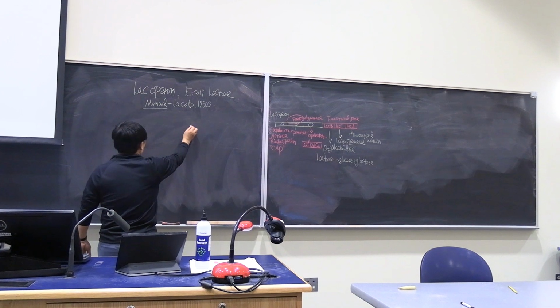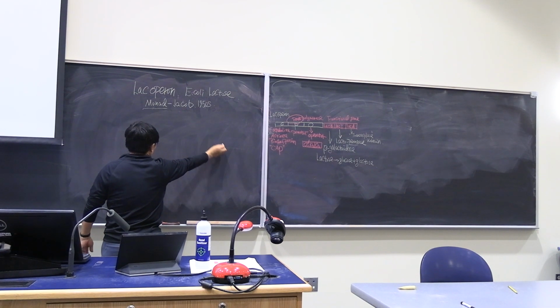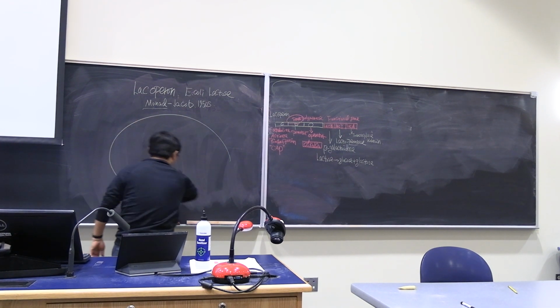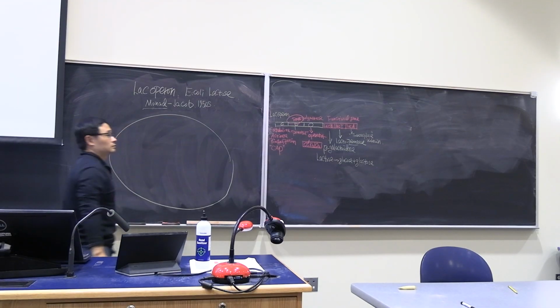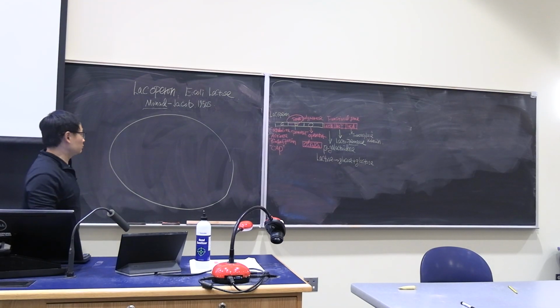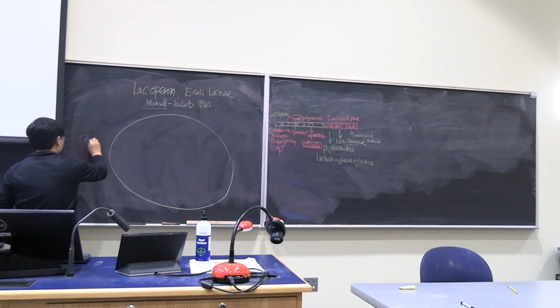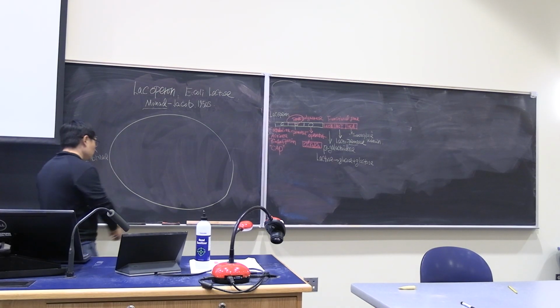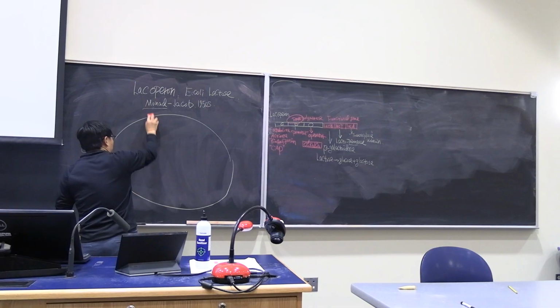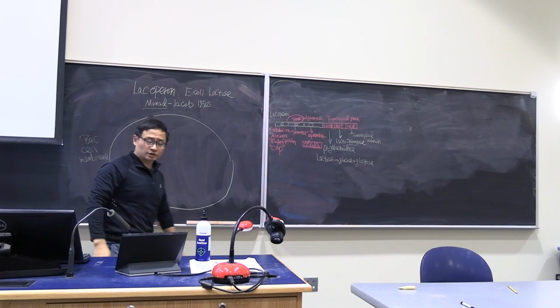Okay, now we want to talk about what happens. This is the bacterial cell membrane system or cell wall system. Okay, I'm going to dig a hole. So lactose can go inside.